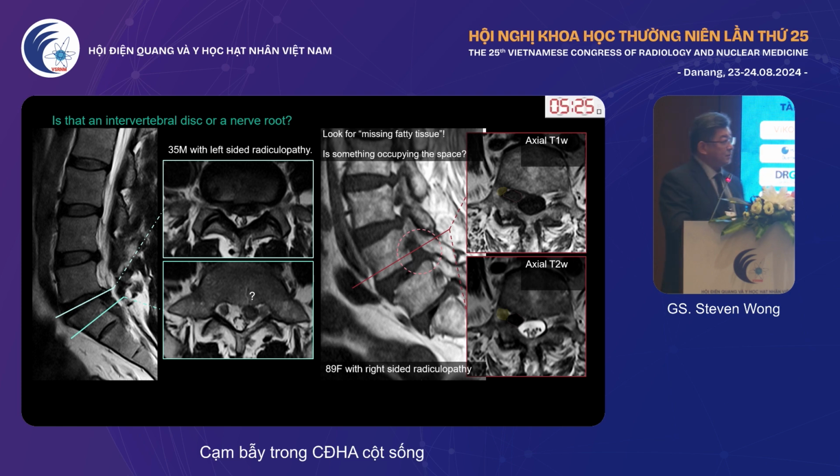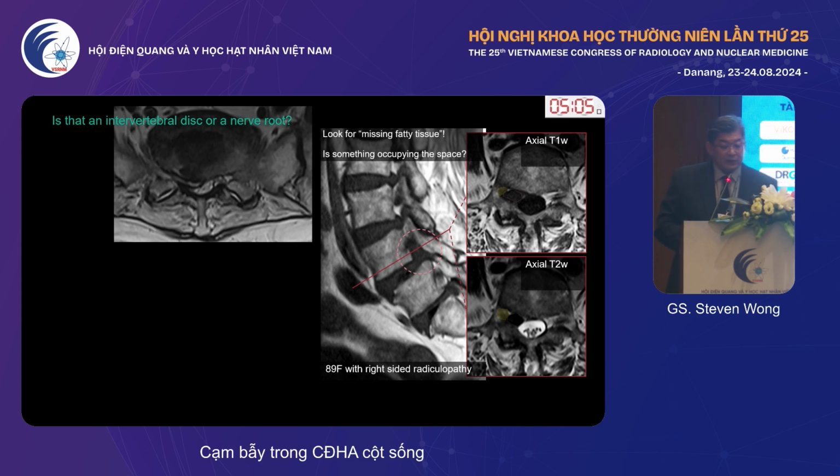And you also look for missing CSF space or missing fatty tissue space. So here you have the nerve root, and here the thecal sac and nerve root here, and your nerve root is here. It is actually disc protrusion in this area. So, like this one I showed you earlier, this is the one that has gone laterally into the spinal canal.